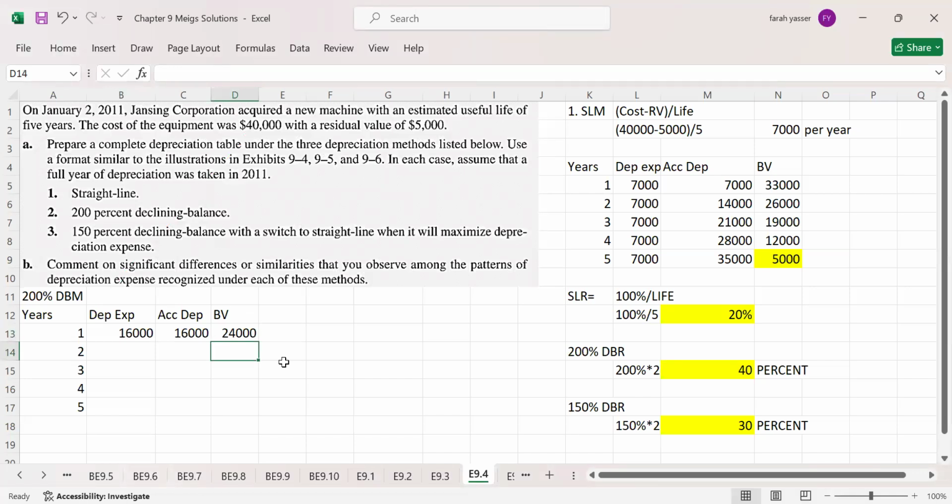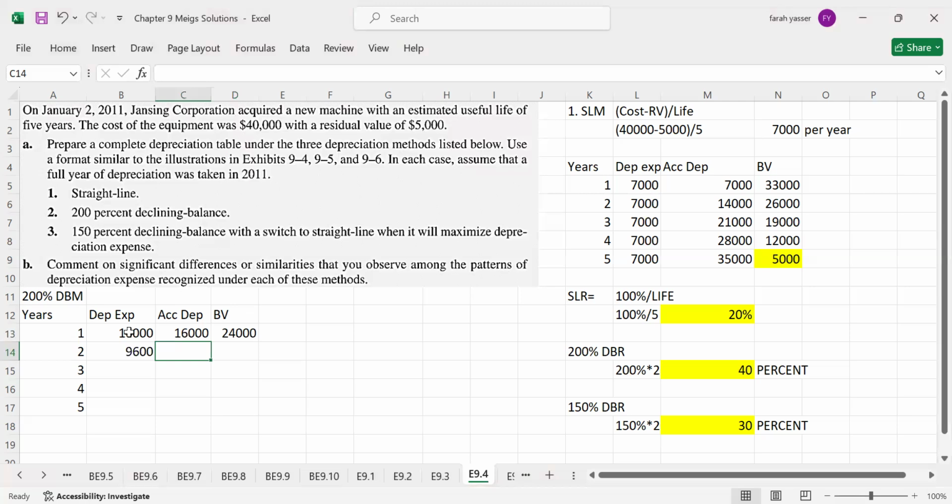Every year after the first year, we take book value for calculating depreciation expense. So the second year book value is 24,000. We carry forward this book value and multiply by the rate of depreciation, 40%. Now depreciation is 9,600.